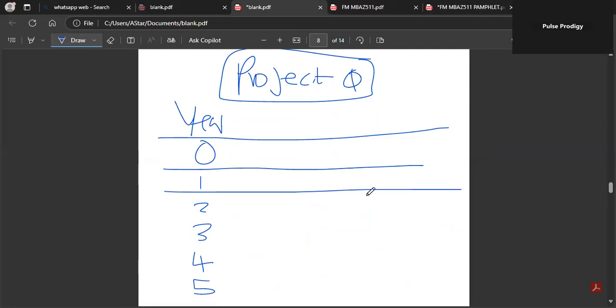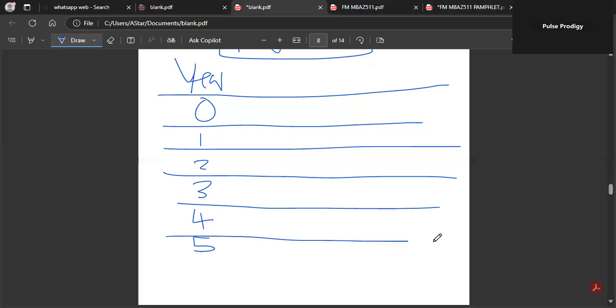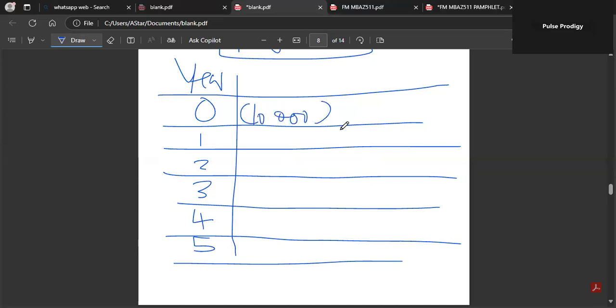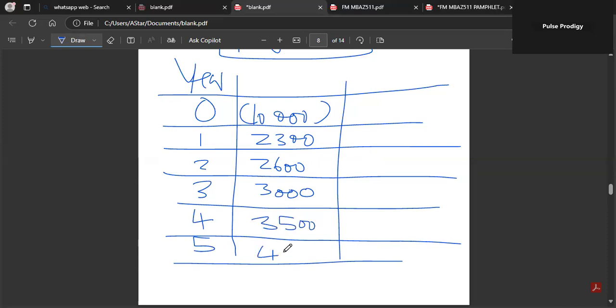We made an investment of 10,000 here, and there's a 2,300 that came in, a 2,600, a 3,000, a 3,500, and a 4,000 as cash inflows.